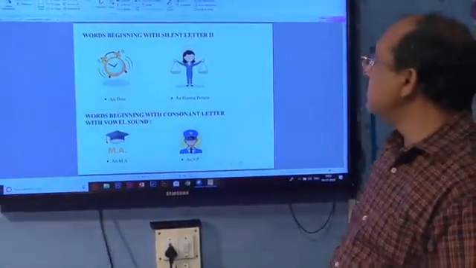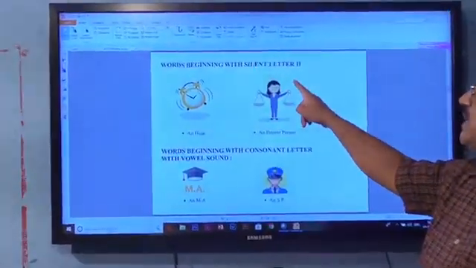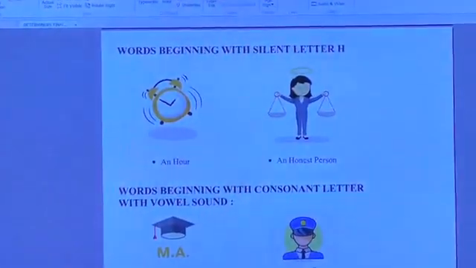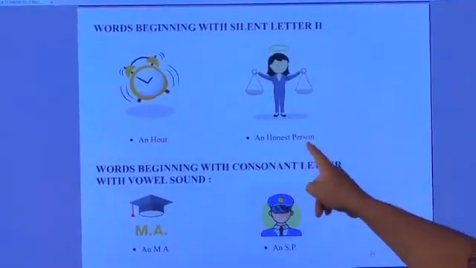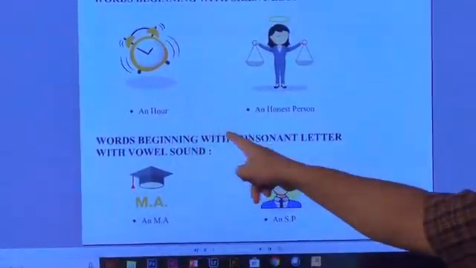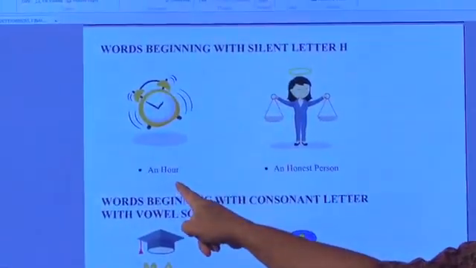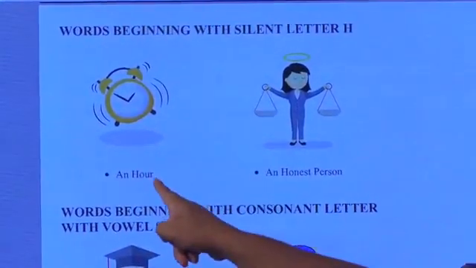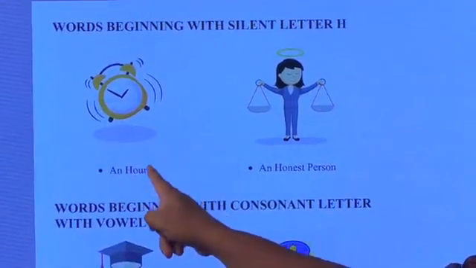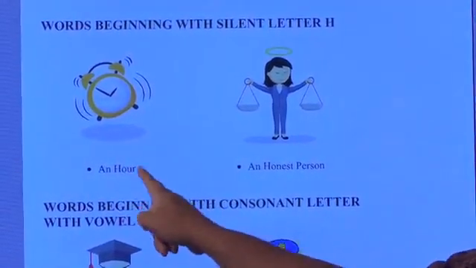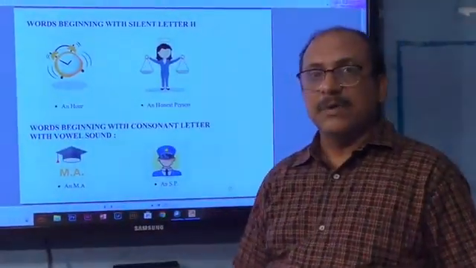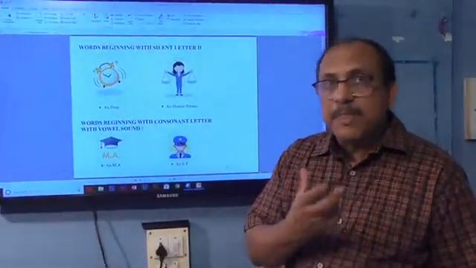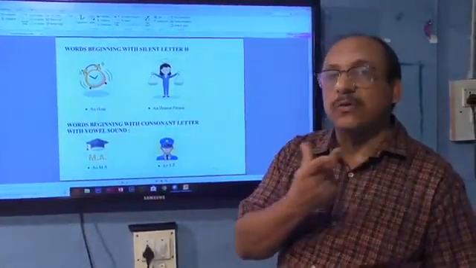Words beginning with silent letter H: this is an exceptional rule. An honest person. You can see the word is written with a consonant, the letter H is a consonant. But the pronunciation starts from the O sound, which comes freely through the throat.